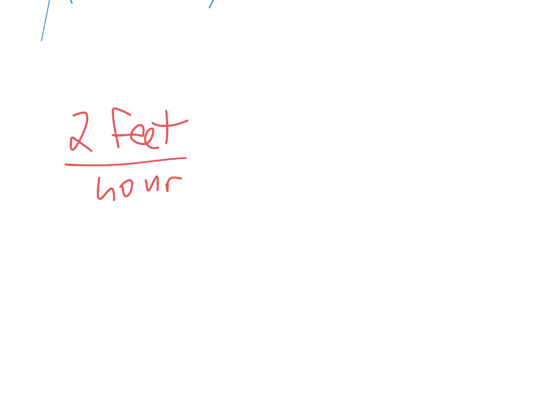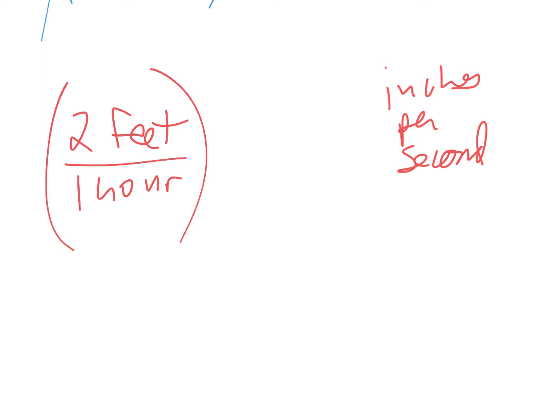Can I figure out that speed in inches per second? All right, so here's what you do. You start with your 2 feet per 1 hour. I would always give it units, a number and some units on the top and the bottom of every single one of these fractions.